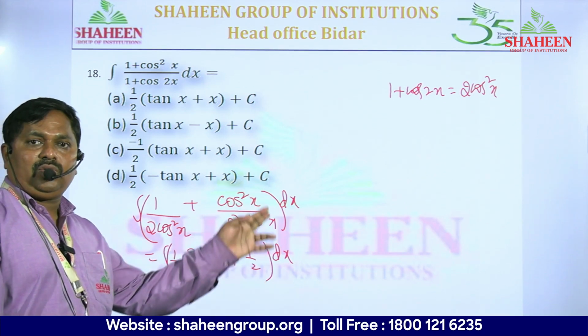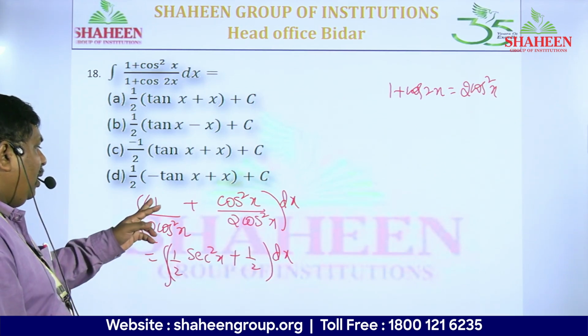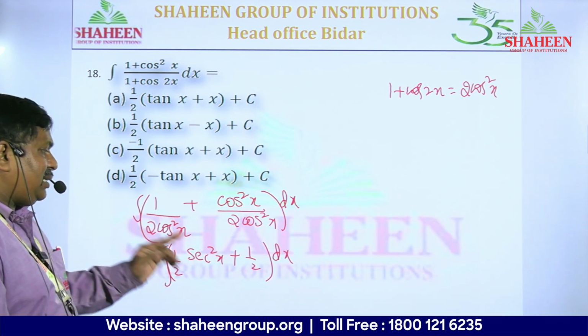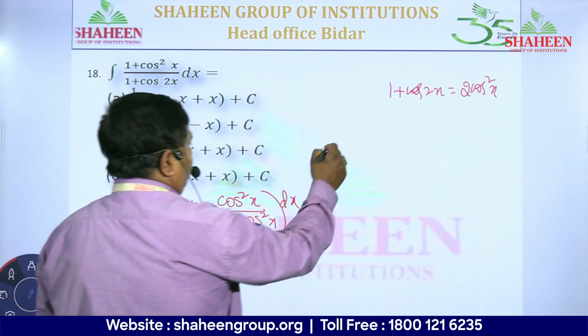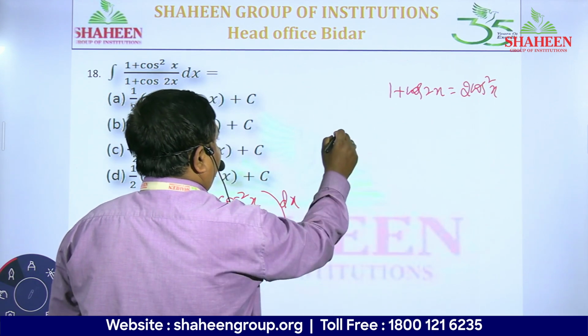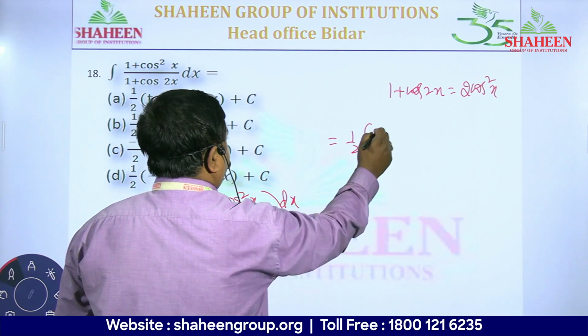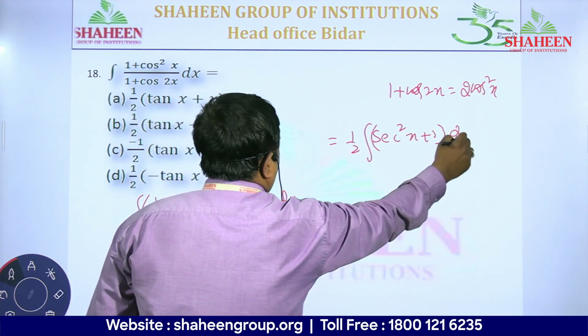Cos square x cancels, only 1 by 2 remains. 1 by cos square x is sec square x. Taking 1 by 2 common, it becomes 1 by 2 into (sec square x plus 1) dx.